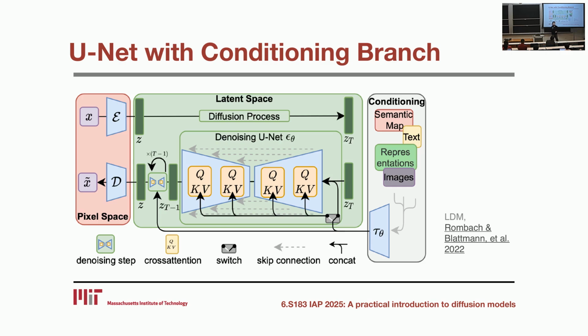Usually you have a probability like 0.1: with 0.1 probability, you just completely drop out your conditioning. With 0.9 probability, you feed it with conditioning. And then your same neural network is trained for both objectives. And at test time, of course, you can turn the switch. Now you can sample with unconditional score or conditional score, and you combine them together.